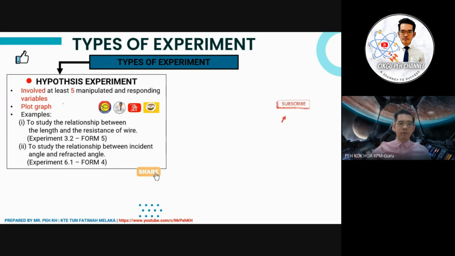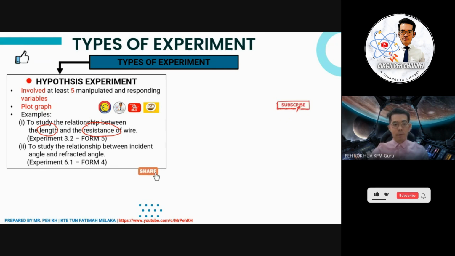So an example of this type of experiment will be to study the relationship between the length and the resistance of the wire, where you have already gone through the experiment together with your teacher, because this is one of the compulsory experiments in the Form 5 syllabus, experiment 3.2.